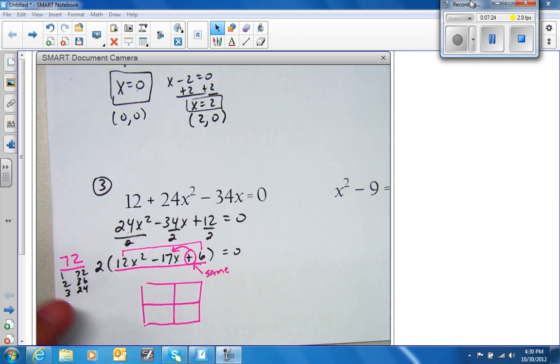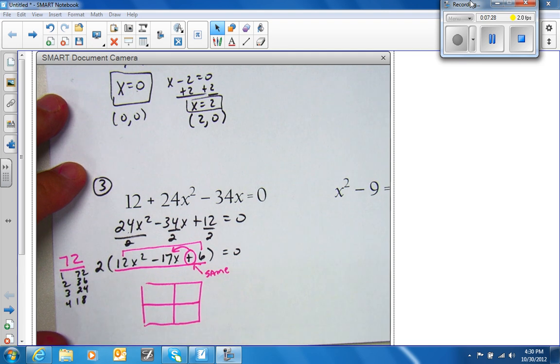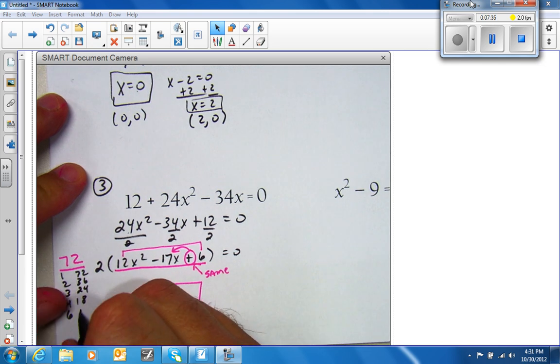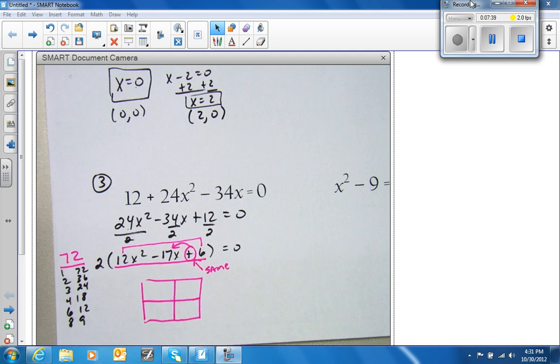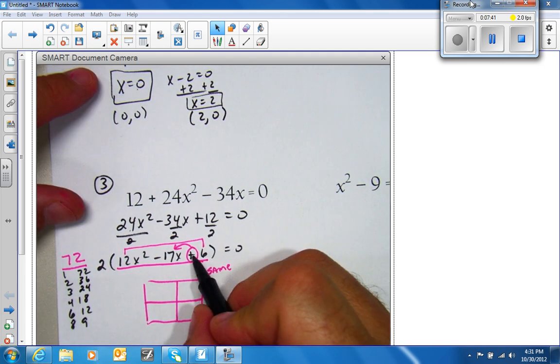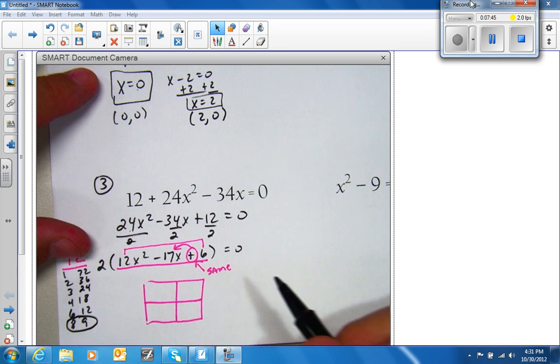Yep, 18. So 4 times 18. 5 won't go into it. 6 won't go into it. Actually, 6 times 12 will. And then, of course, 8 times 9. Okay? Those are all our factors. Now, what are the only two that add up to 17? Well, the only two that add up to 17 are 8 and 9.